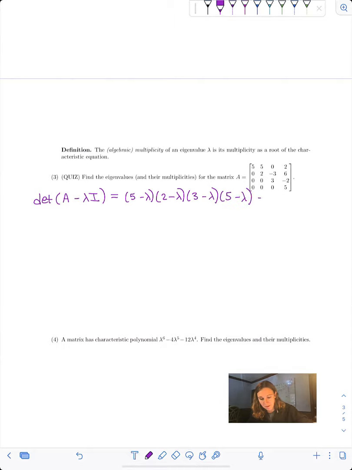So here's our characteristic equation, and then what we're asking about is the eigenvalues and their multiplicity. Well, the multiplicity is the number of times it appears as a factor. So for example, 3 minus lambda is one of the factors. So 3 minus lambda equals 0, so lambda equals 3 is an eigenvalue, and it appears only once.